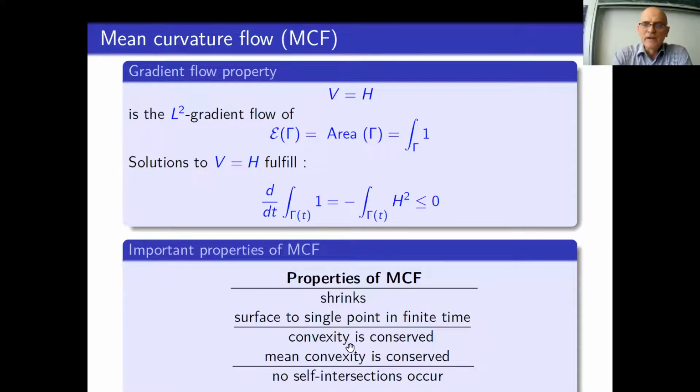We also know that convexity is conserved, and even further, mean convexity is conserved, and typically no self-intersections occur. So these properties are well known, and I would like to introduce a different flow, and then we will see what kind of properties will also be true for this other flow.